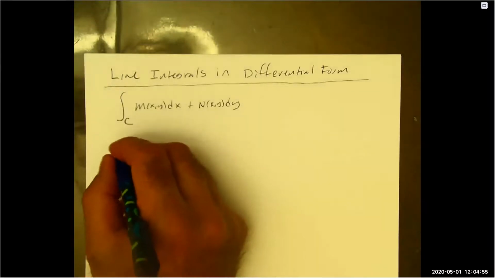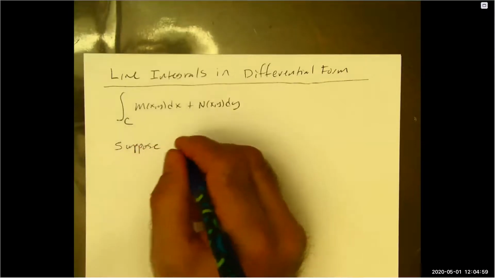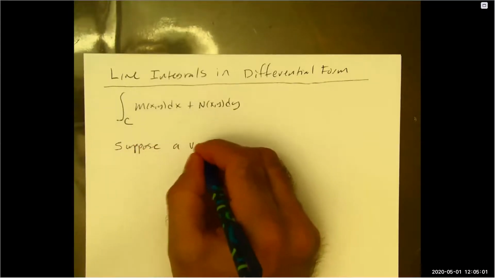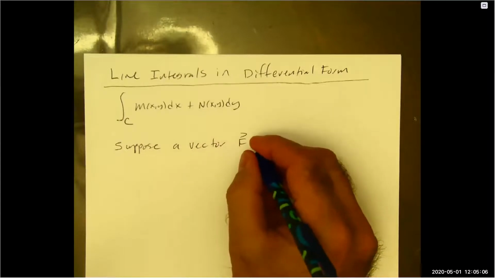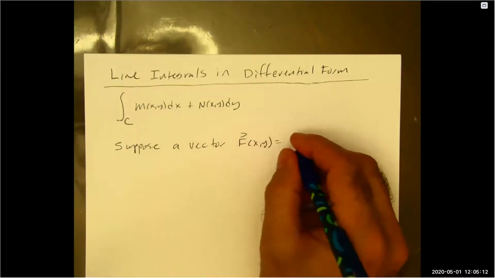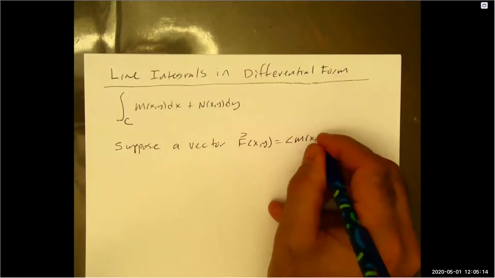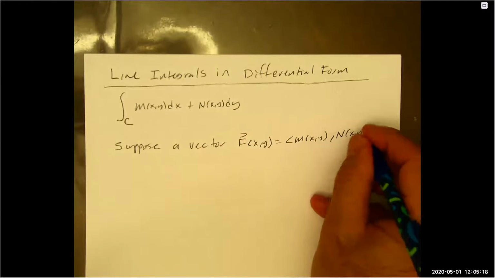Suppose a vector field F is, and it's in the plane, so we're going to have M of x, y, N of x, y, like that.